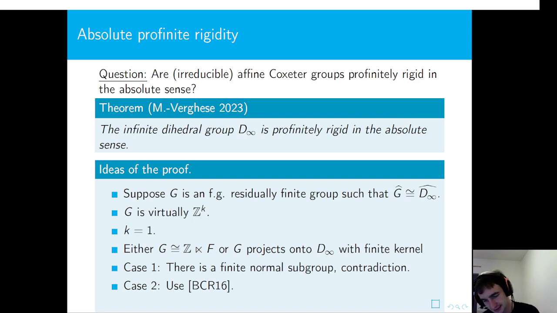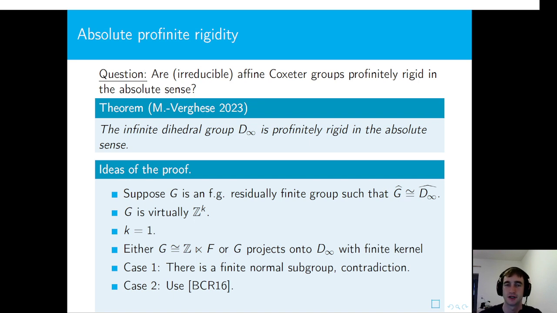And let me finish by saying that I'm currently working on this question with Sam Corson, Sam Hughes, Olga Varghese, and, well, myself. And we think that we can probably show that the irreducible affine Coxeter groups are actually profinitely rigid in the absolute sense, and we think that you probably need the irreducible word here for this to be true. But this is ongoing research, so don't take this for granted.